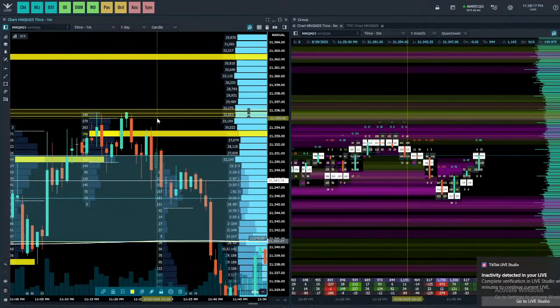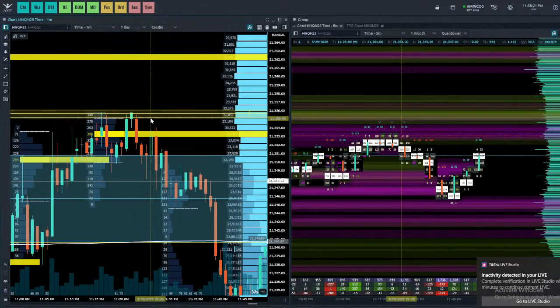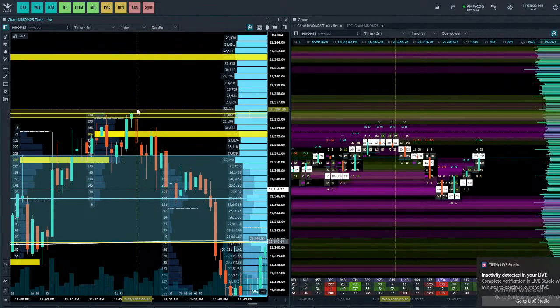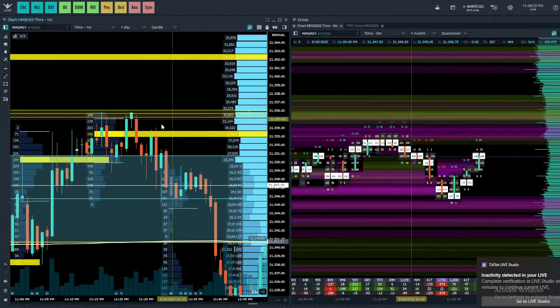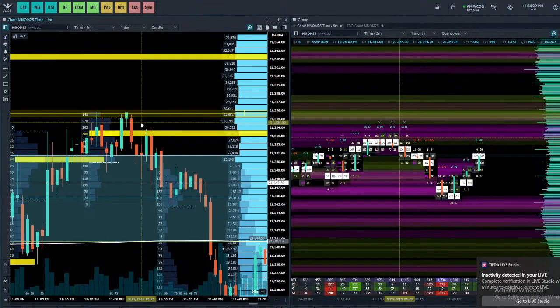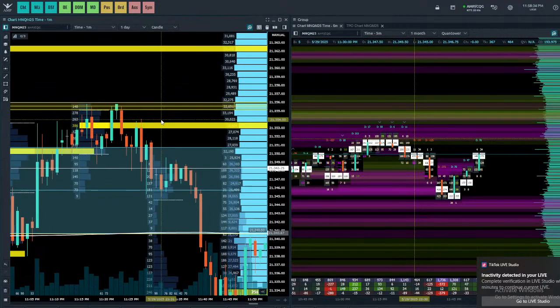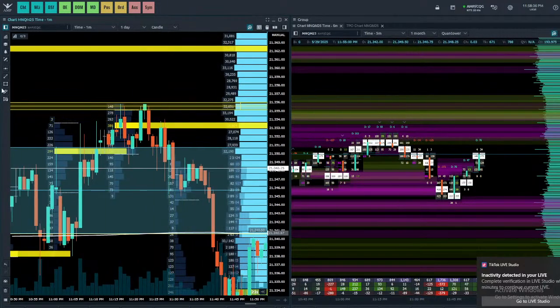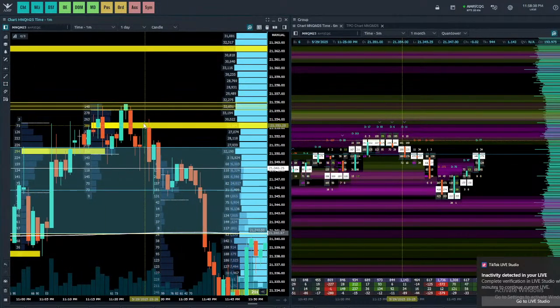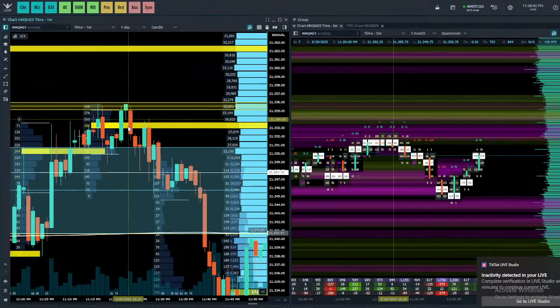That order block or my supply zone, like I like to say, that first candle that initiated the move, the first candle that initiated that downtrend from the uptrend was this green candle right here. I placed my order block there. That initiated the downtrend. We got three red candles right there.